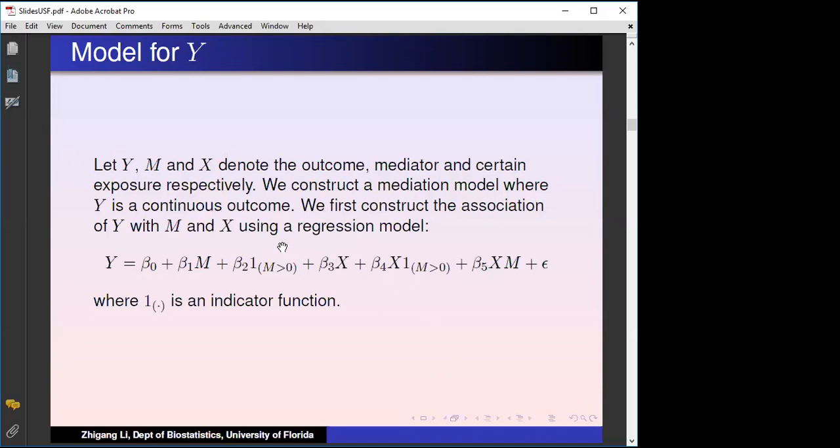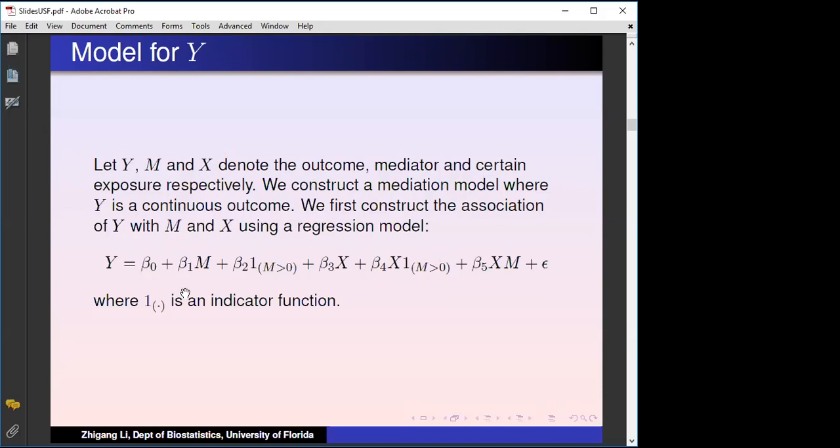This is the equation we need to model the association between outcome Y, the mediator M, and the exposure X. As you can see here, the indicator variable 1(M > 0) is a binary indicator function. We also included the interaction between the exposure and the mediator. If we use a traditional mediation model, it will not be able to account for these features. Only the potential outcomes framework for mediation can do this.